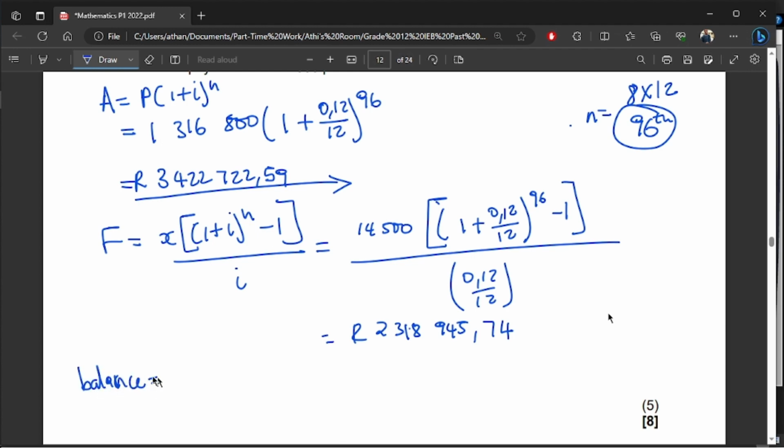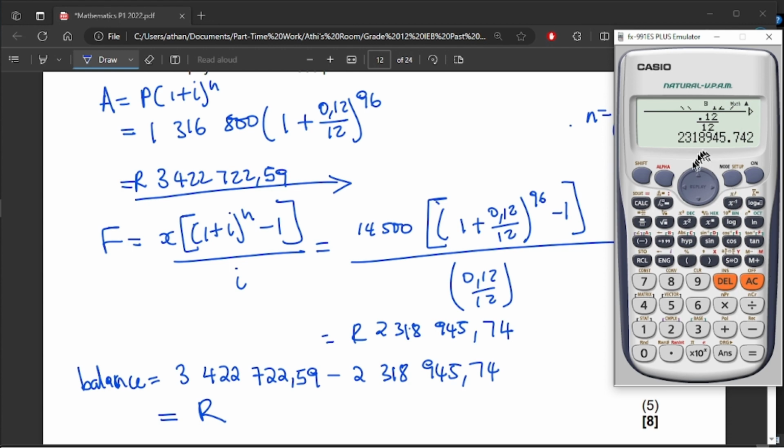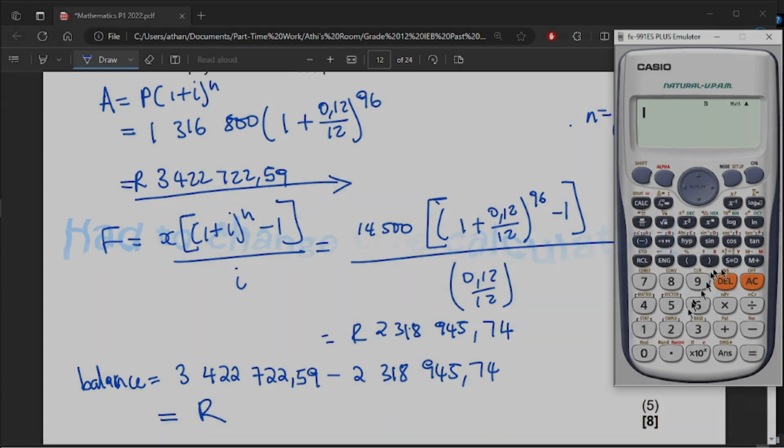And now the outstanding balance. Now we're answering the question. You have to take your accumulated amount, the loan, 3,422,722.59 minus 2,318,945.74. This calculator doesn't have pre-answer, guys. Makes things difficult for us.